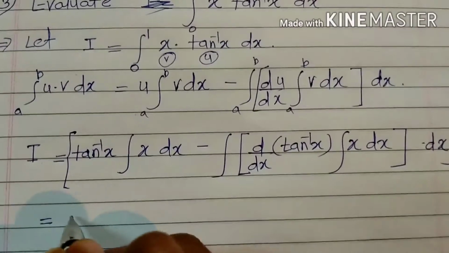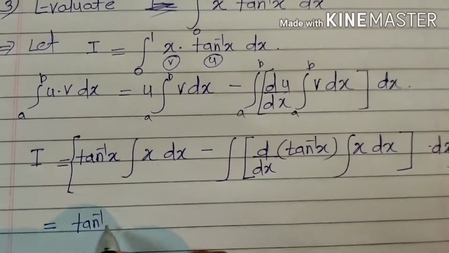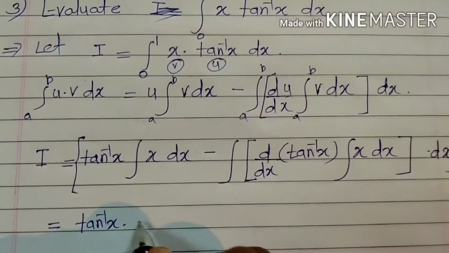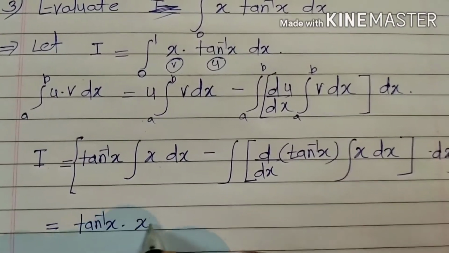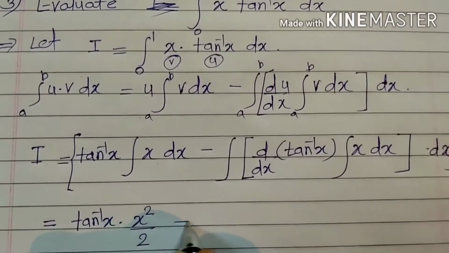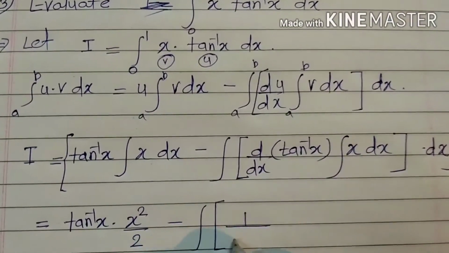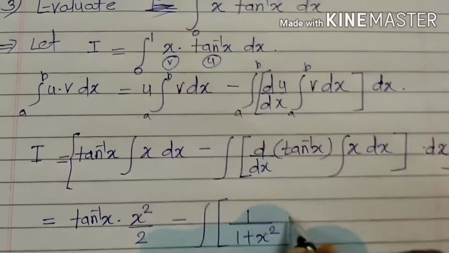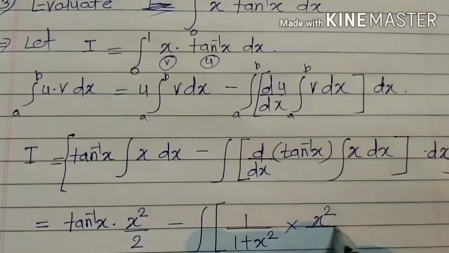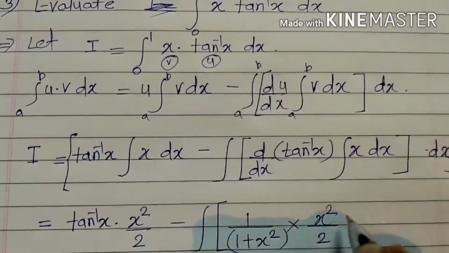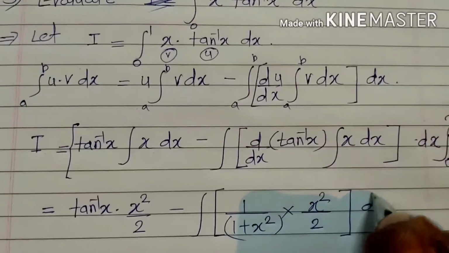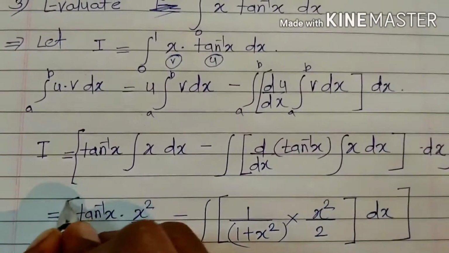Now take tan inverse x as it is. Integration of x is x square upon 2, minus integration, derivative of tan inverse x is 1 upon 1 plus x square, and here x square upon 2 into dx, and limits from 0 to 1.